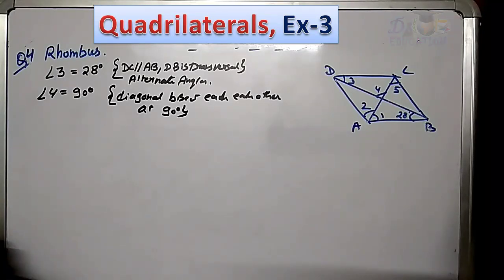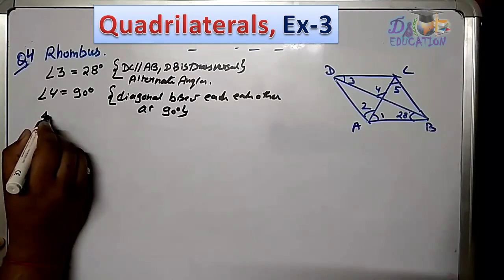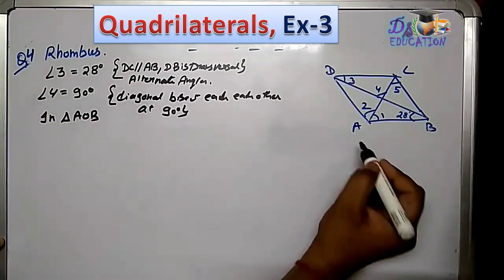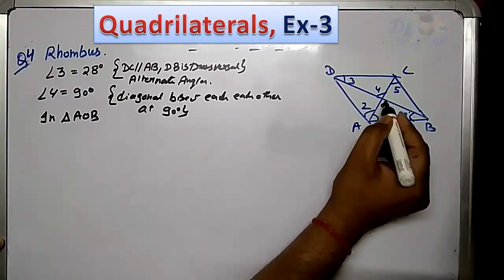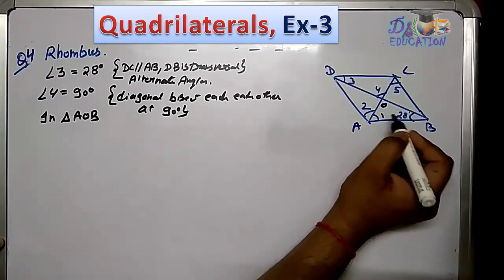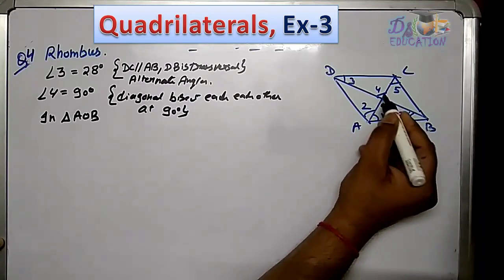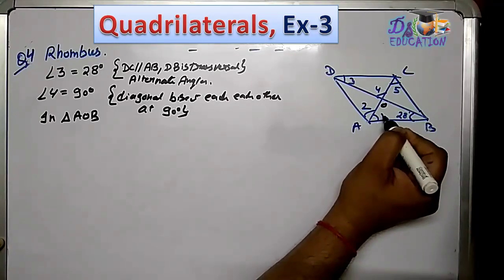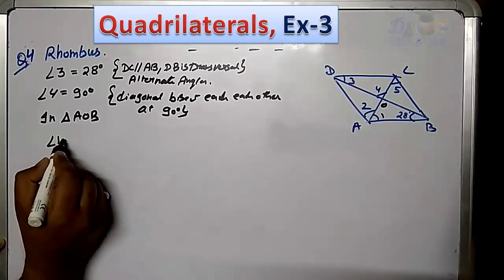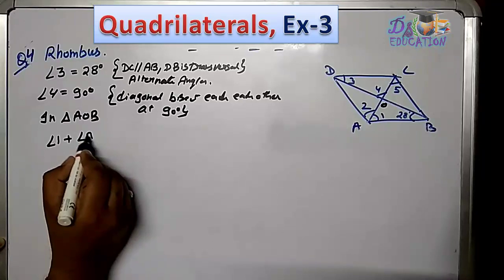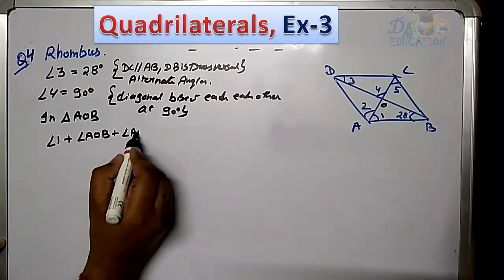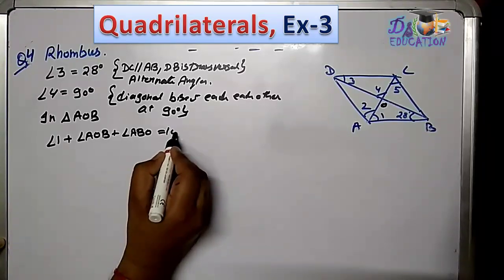Now moving further, in triangle AOB, 28 is given, and angle 4 is 90 degree, so we can calculate angle 1 plus angle AOB plus angle ABO is equal to 180 degree.